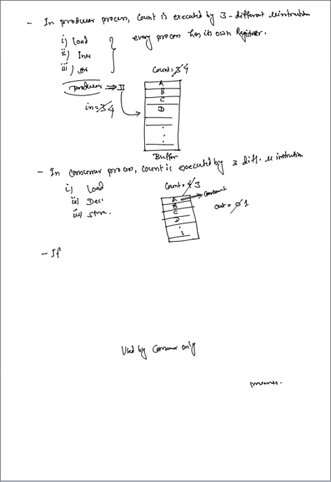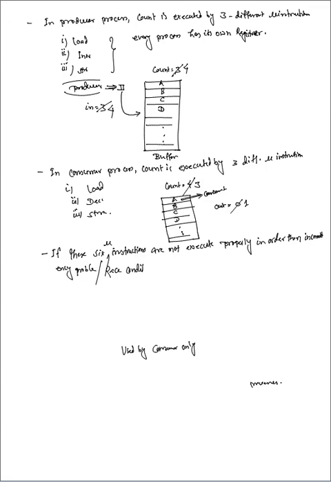So if these 6 instructions, 3 from the producer and 3 from the consumer, or better to say micro instructions, are not executed properly in order, then an inconsistency problem or race condition may arise.